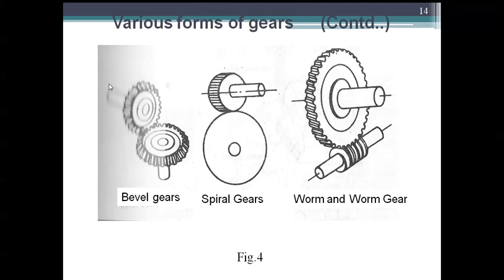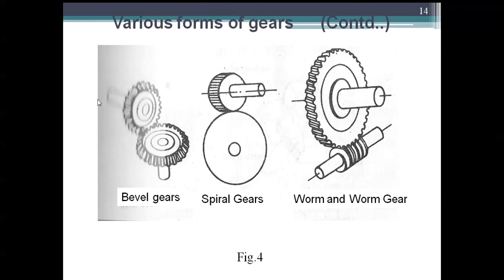So next one is the worm and worm gear. Sometimes this type of gear arrangement is used as a worm gear, where the long rod having a spiral is the worm.